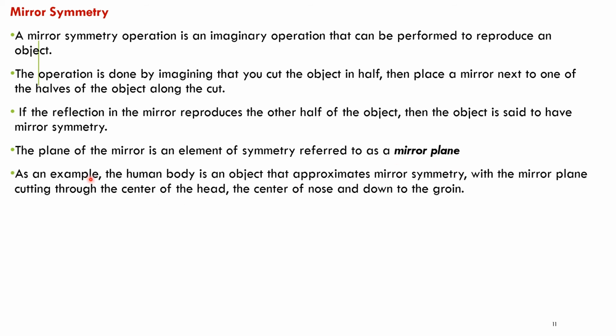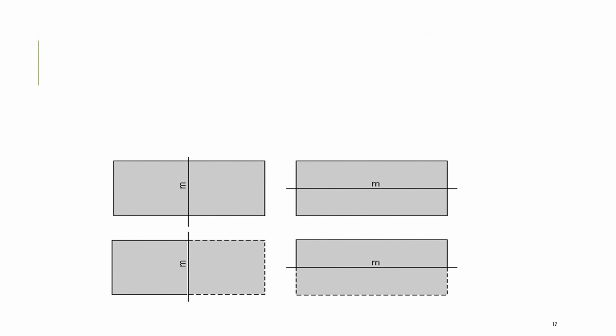As an example, the human body is an object that approximates mirror symmetry, with the mirror plane cutting through the center of the head, the center of the nose and down to the groin. This diagram shown has two planes of mirror symmetry.